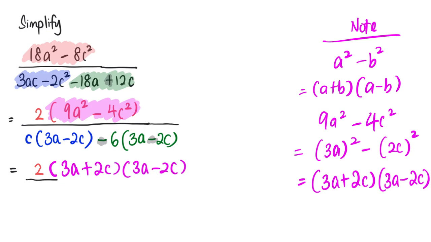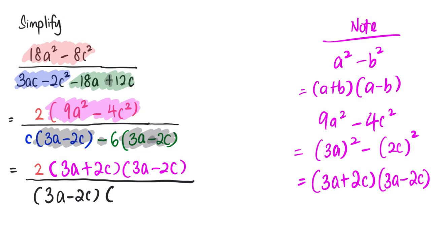At the same time, let's continue to simplify the denominator by taking out 3a minus 2c as the common factor, and I'm left with c minus 6.